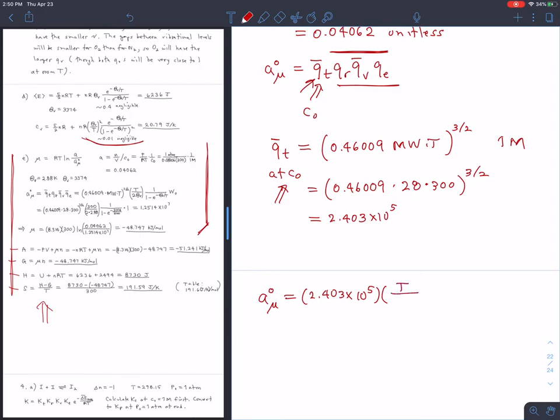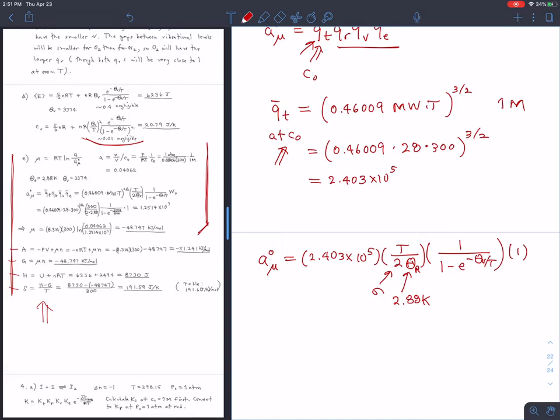QR is T over sigma times the rotational temperature. It's a linear diatomic with a sigma factor of 2, and the rotational temperature is 2.88 K. So that's the rotational contribution. We didn't do the vibrational partition function. That's 1 over 1 minus e to the minus theta v over T. And then nitrogen has no degeneracy in the ground state, so the electronic partition function is just 1.